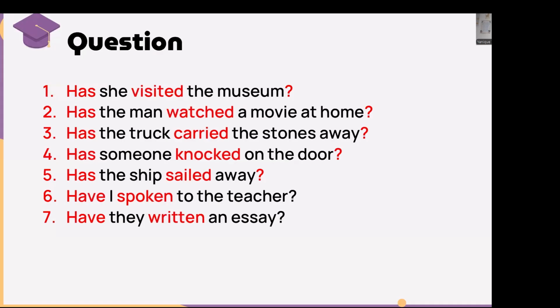Has the truck carried the stones away? Has someone knocked on the door? Has the ship sailed away? Have I spoken to the teacher? Have they written an essay? Okay, and those are the three structures that we have to learn in English. Very good.